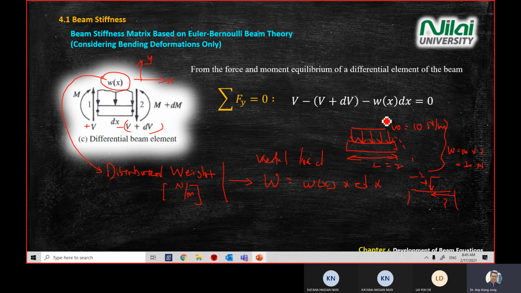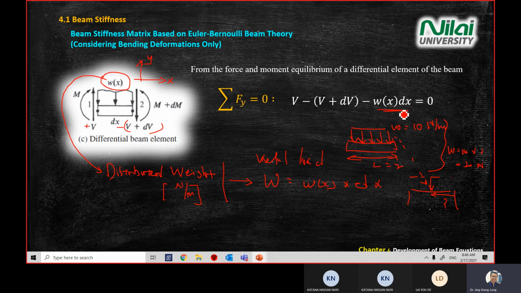Okay, so that's why you see in the equation here, when you sum up all the force in one direction, you have V minus the product of V plus dV, which is this side, minus, this is going down, w times dx equals 0.